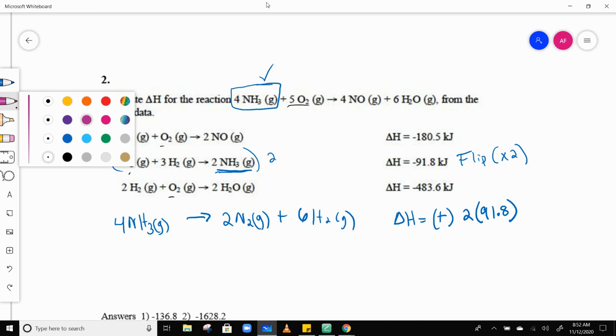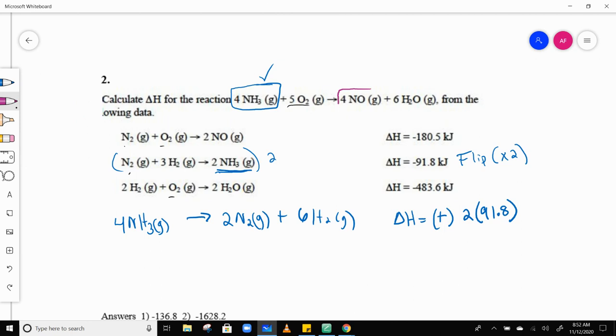Next one, let's look at the NO. So NO is here. It's in the product side, and there's 4 of them. Here it's in the product side, but there's only 2 of them, so we're going to have to multiply this by 2. So let's rewrite it. So we get 2 N2 gas, because we're multiplying everything by 2. 2 times 1 is 2, right?